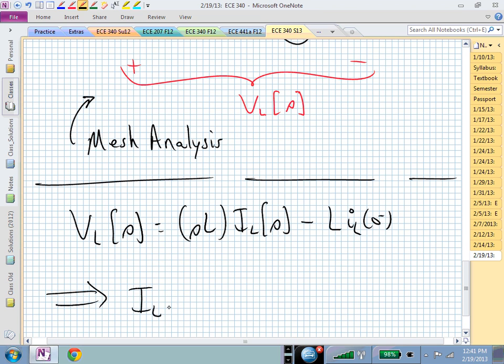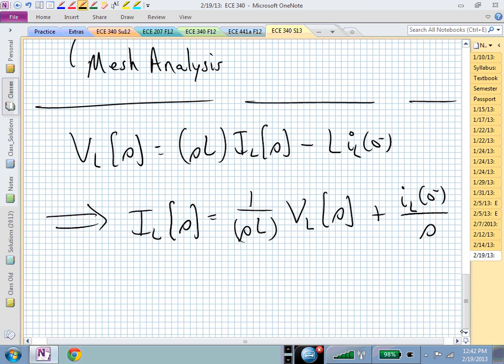If we now solve that for I sub L of S, we simply have 1 over SL, which is the impedance, multiplied by that voltage. So that's 1 over Z. And we now have that plus L I sub L on the other side, and we're dividing by SL, and so we end up with plus I sub L of 0 minus over S.